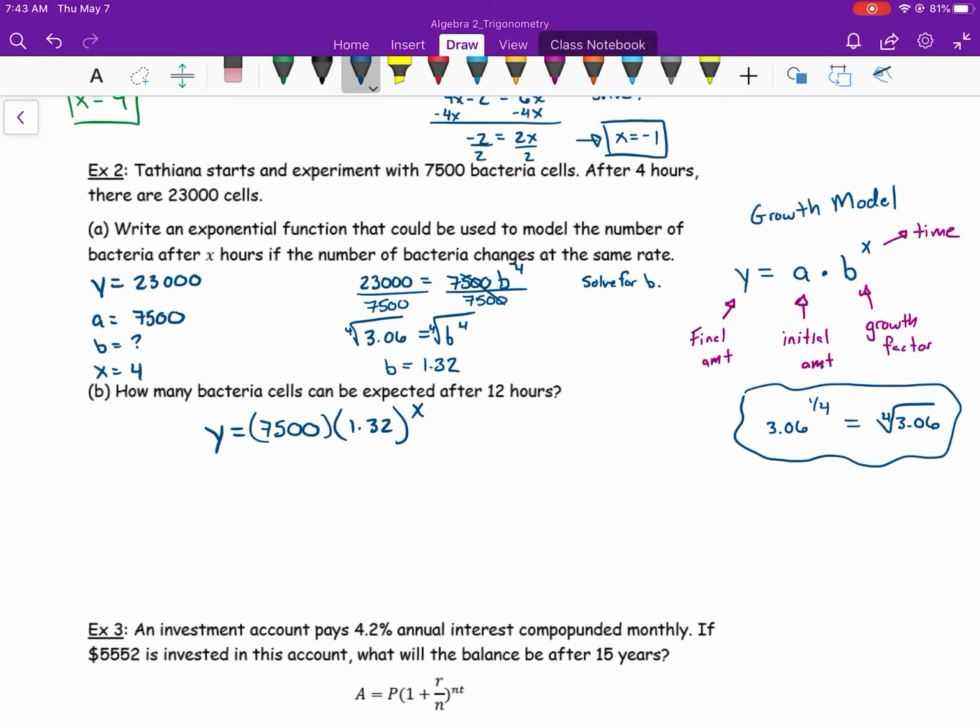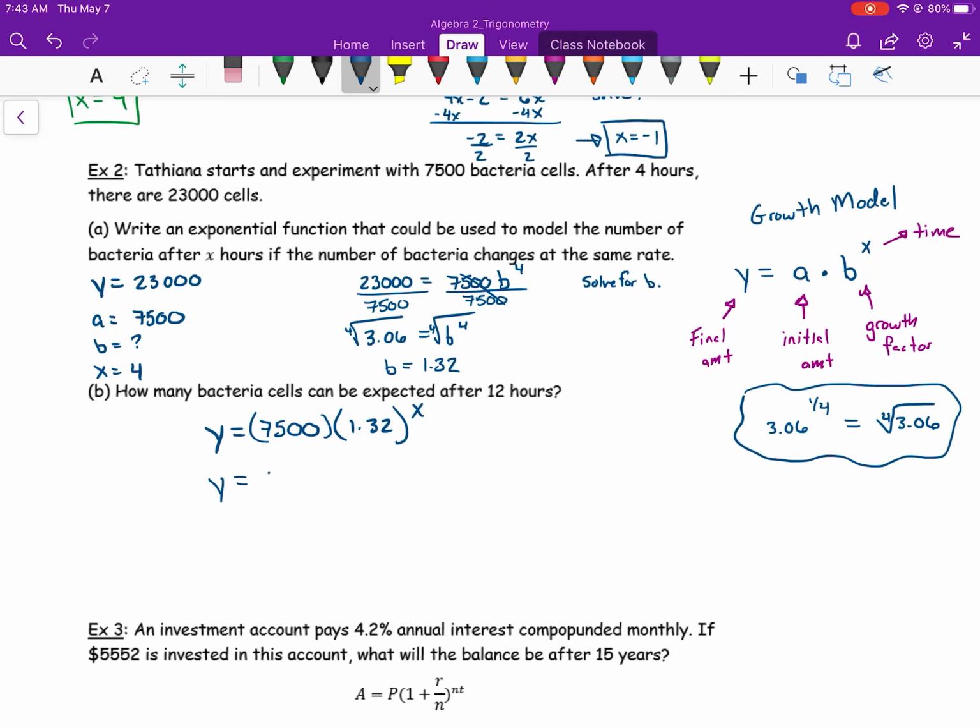Alright, so to use our projection model, we're going to use this. Now you can do this one of two ways. You can put it in Desmos and pull up the table, or we can just plug in 12 for x.